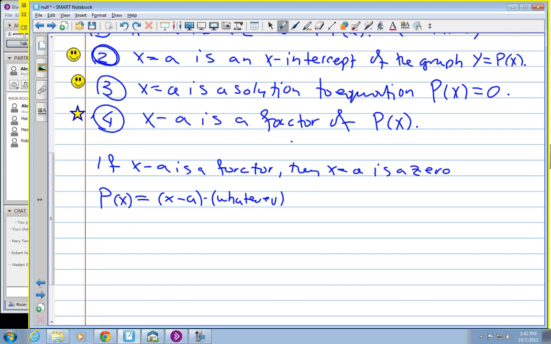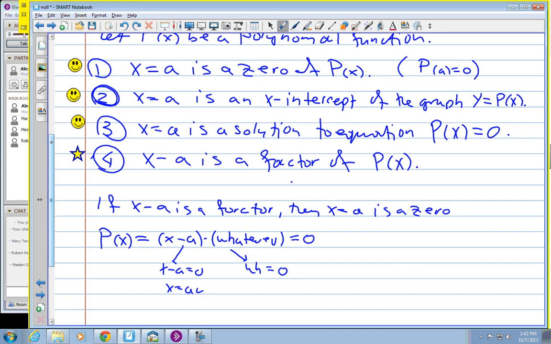That's what it means for something to be a factor, right? Well, if I want to find a zero, I have to set it equal to 0 and solve for x. So it's either x minus a equals 0 or whatever equals 0. So x equals a. So x equals a is one of the zeros, right? So I got four implying one, and then I got the rest, okay?